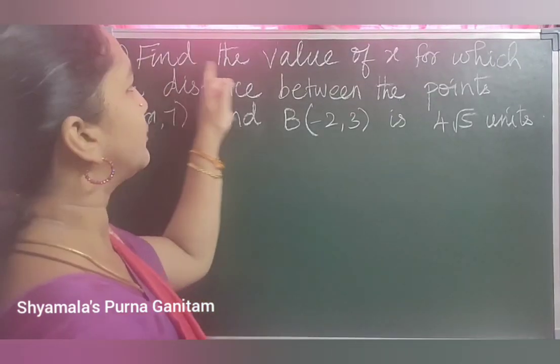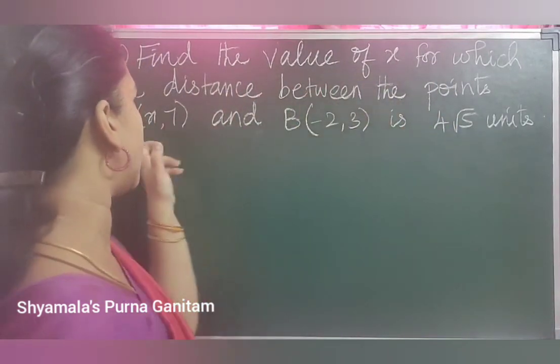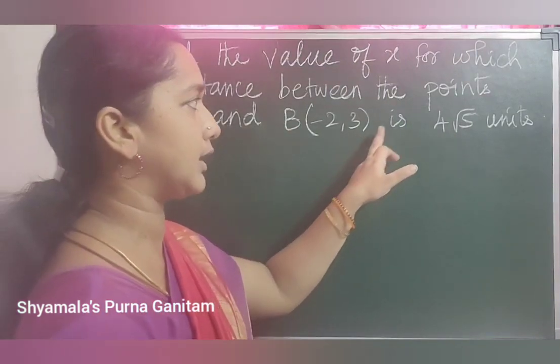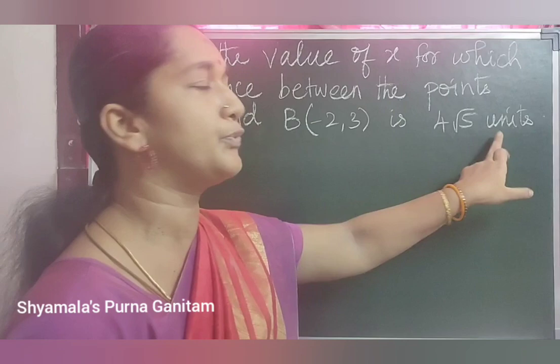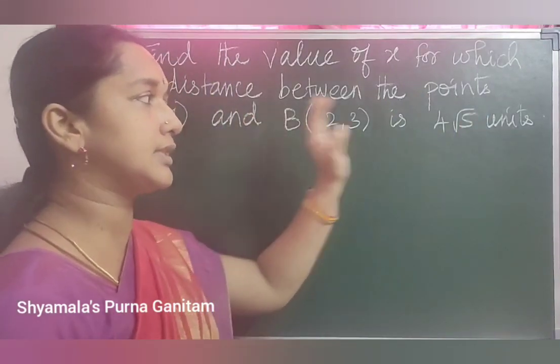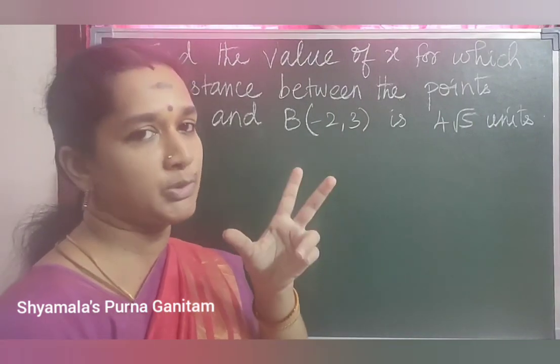The second sum is: find the value of x for which the distance between the points A(x, 7) and B(-2, 3) is 4 root 5 units. In the previous sum, we found the distance between the two points.